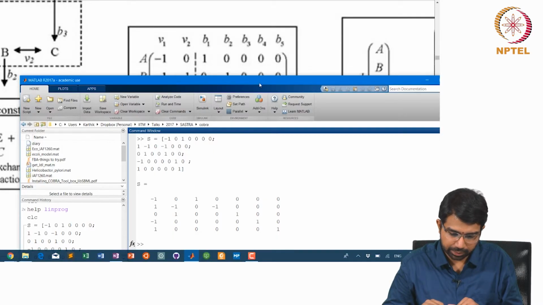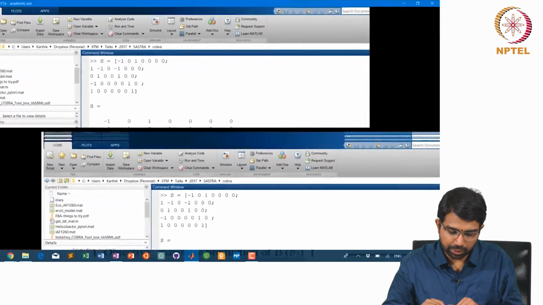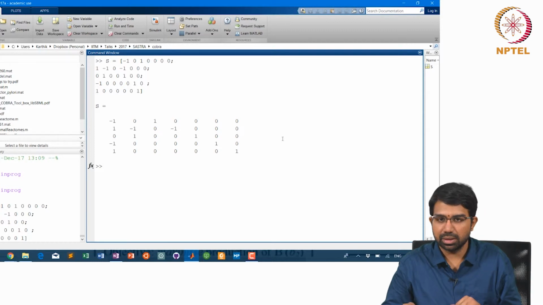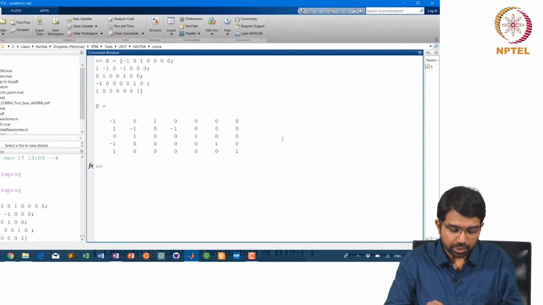So, that looks correct. We now have the S matrix in the memory. What is C? 0 0 0 1 0 0 0.